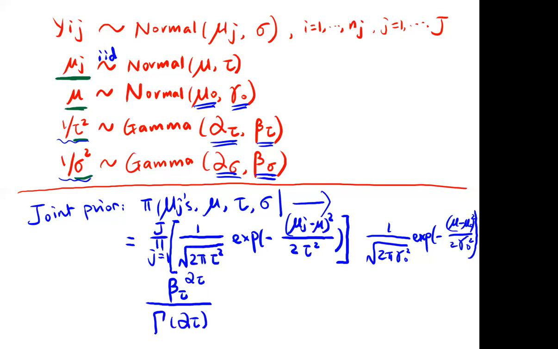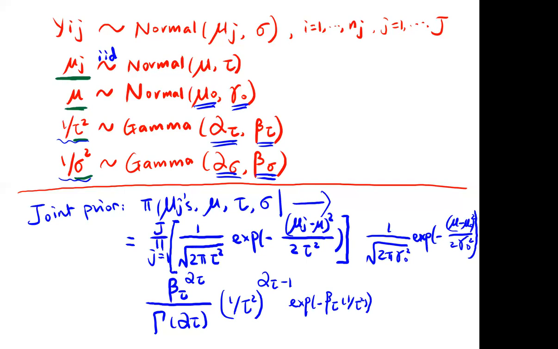I'm working on 1 over tau squared here, and we have the random variable 1 over tau squared raised to the power of alpha tau minus 1, and then the exponent is negative beta tau times the random variable.